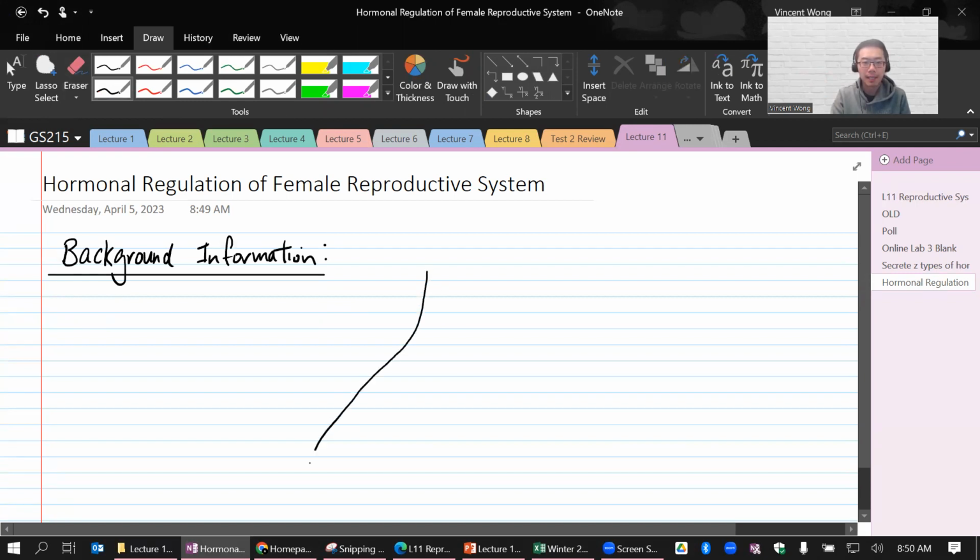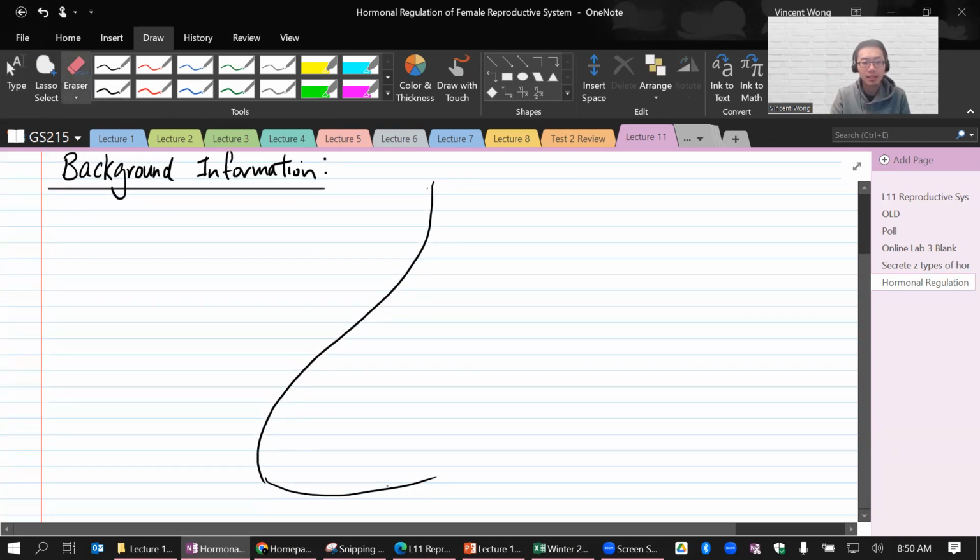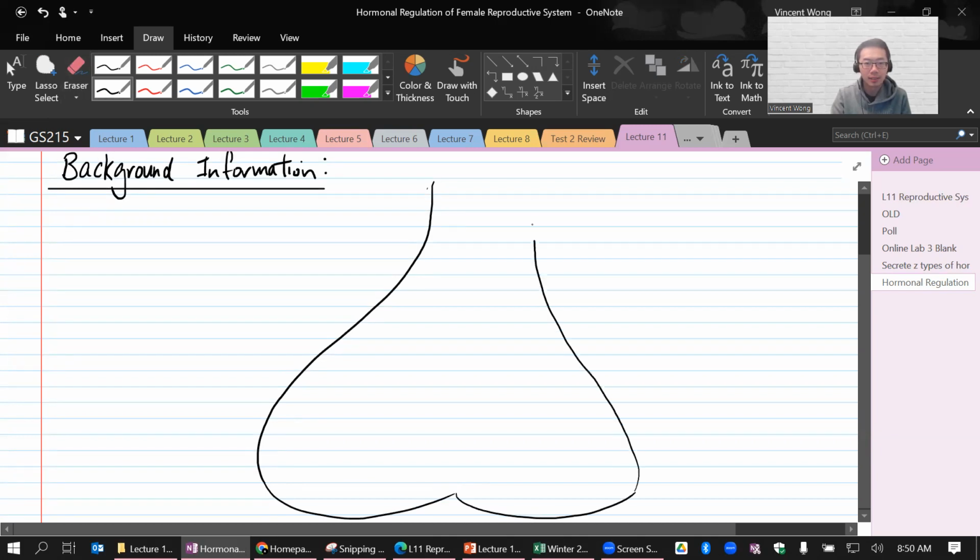Now, hopefully by now, when you see me draw this, you know exactly what I'm drawing. We've done this so many times that you should know this is the hypothalamus.